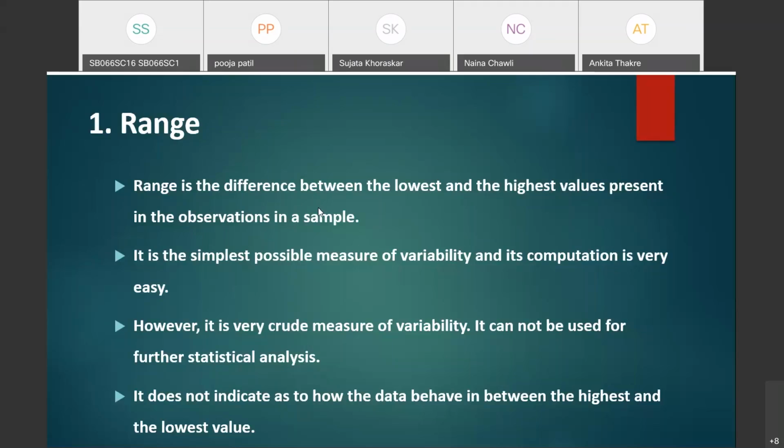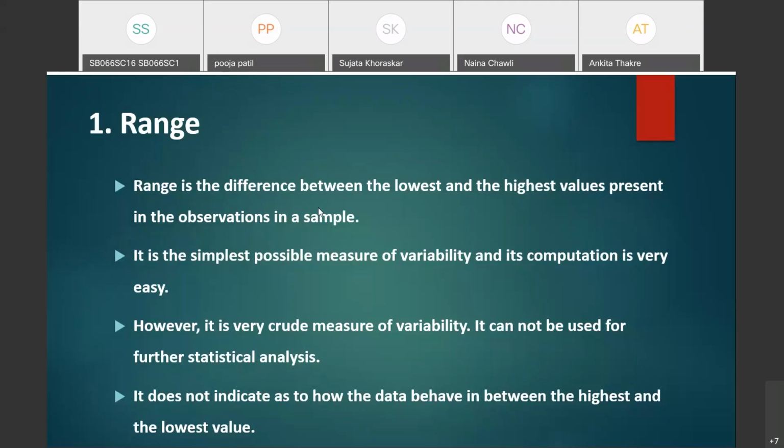Though it can be computed very easily, it cannot take into consideration all the values of that particular sample, and that's why the range cannot be used for further statistical procedures, for further statistical analysis.